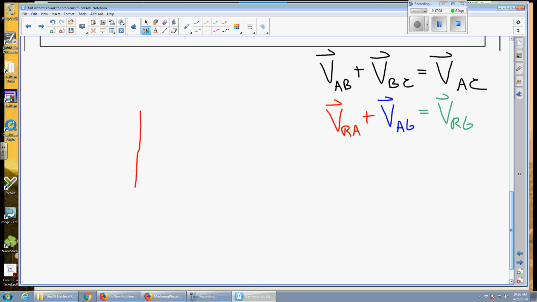Vectorially, I'm going to draw myself a picture to help me remember it. This is what that equation is saying, but drawing it instead, I add those two together, I end up with this one. Well, the question is, did you use that equation correctly?